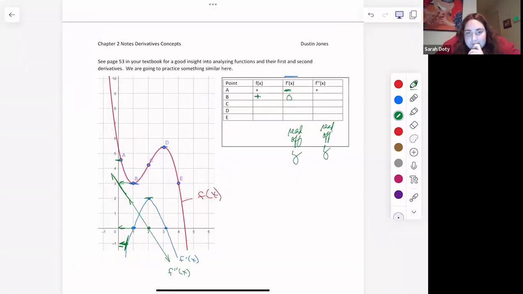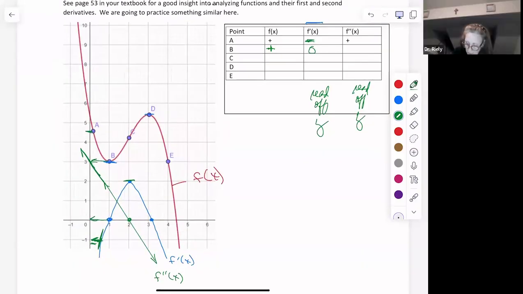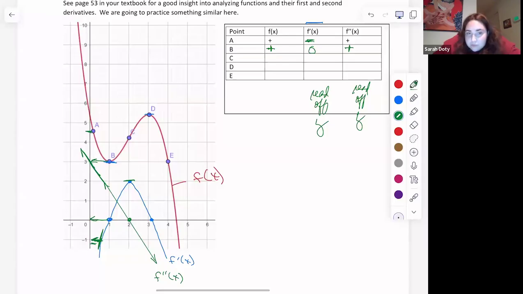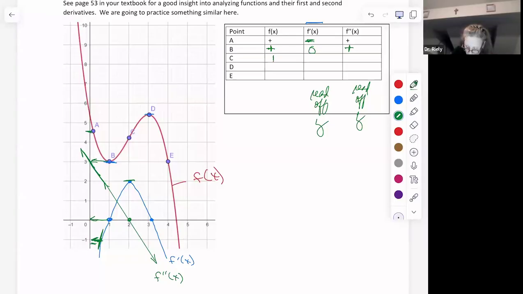And above that will be a positive for your line. And then c is a positive number. C on the first derivative is also positive. C on the second derivative is going to be 0.